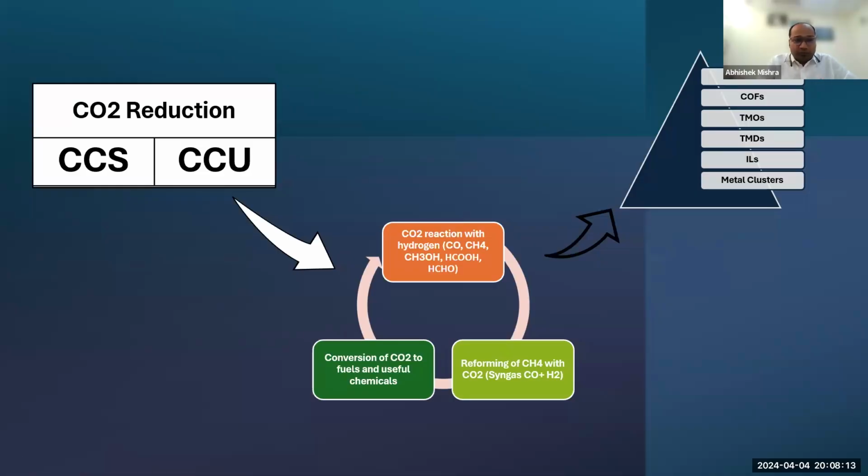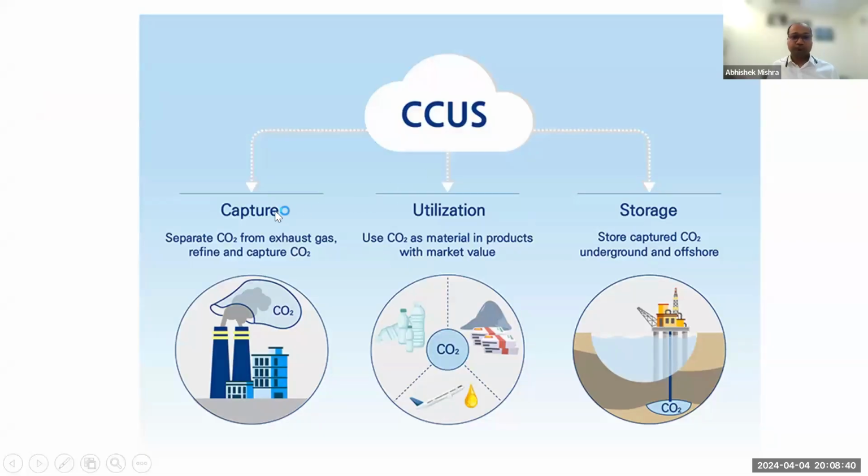Basically, CO2 reduction is the utilization of CO2, converting CO2 into some useful chemical, or converting CO2 into carbon monoxide. People have been using different materials, as I said, metal organic frameworks, ionic liquids, even metallic clusters and amine-based systems, for capturing CO2 first and then converting it into chemicals.